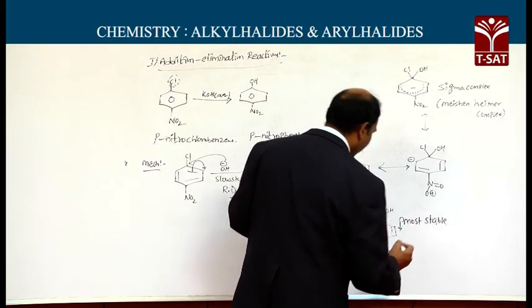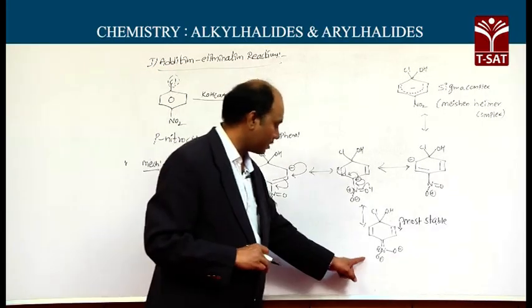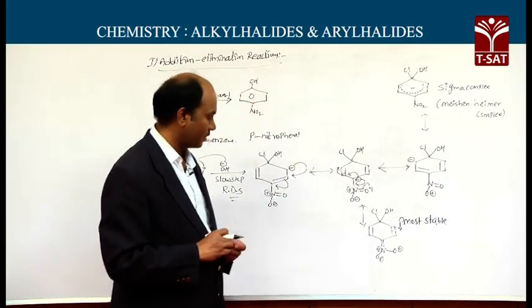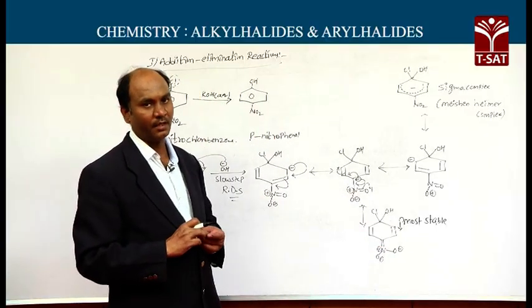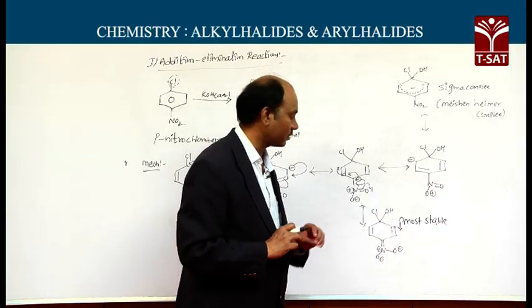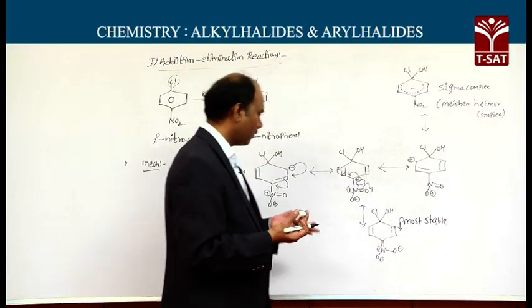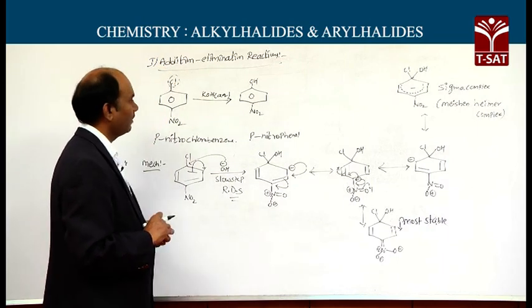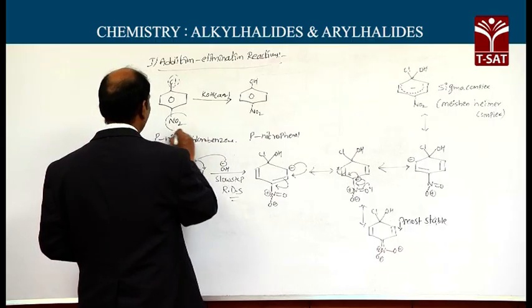Sir, why are you calling this the most stable resonating structure? Because in this structure oxygen is having the negative charge and all atoms have octet electronic configuration. So that means this is more stable. What is the meaning of this?